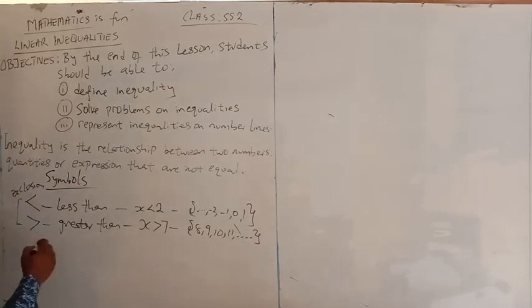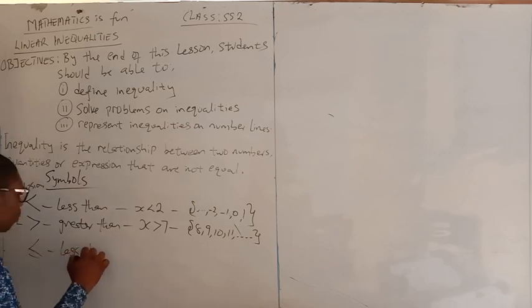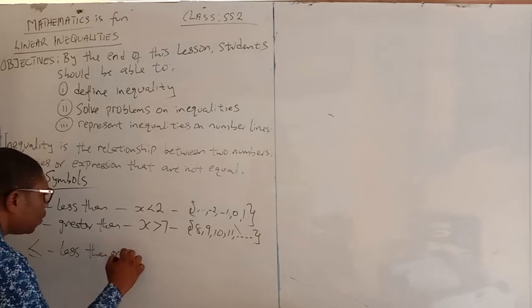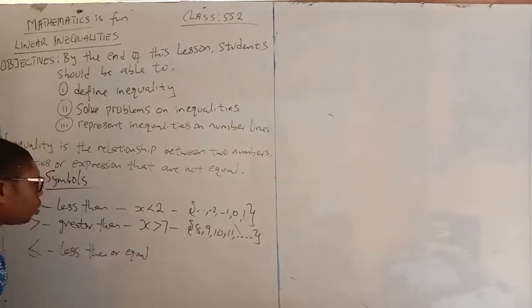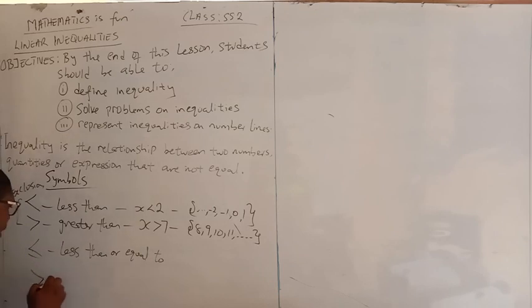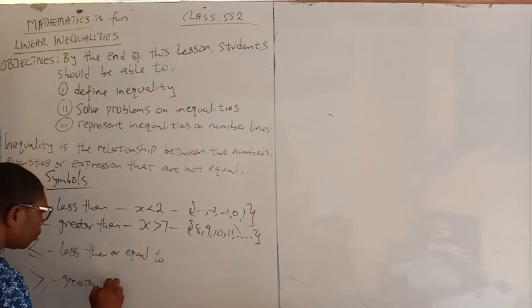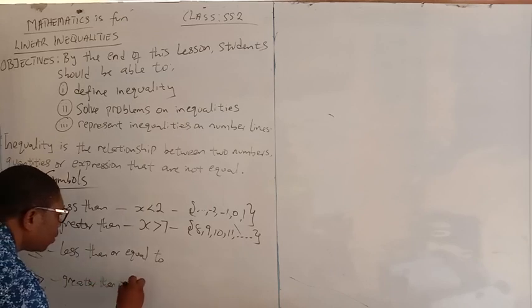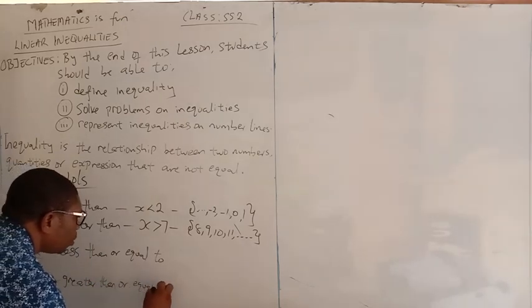Now, if I combine any of these two with the equal sign, I have less than or equal to, or greater than or equal to.